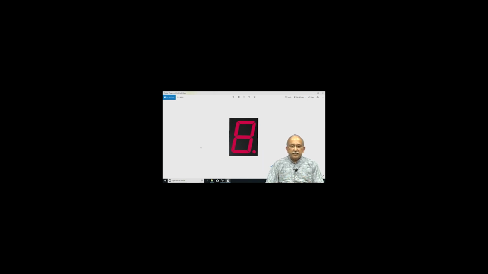So, the dot can be used or need not be used. Generally when they are stacked together, they are used as a decimal element. However, if it is going to be used for a clock application, instead of a single decimal point, you probably have 2 of them, which will show the spacing between the hours, minutes and seconds.